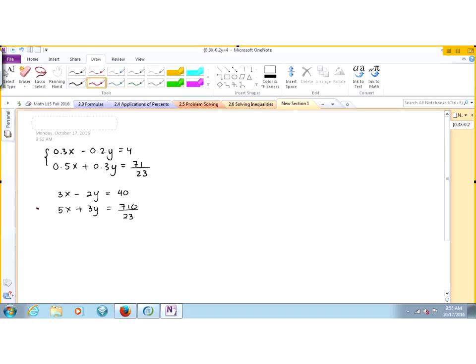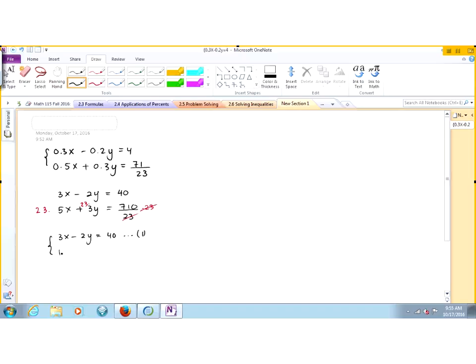You multiply by 23, right? So you clear this. So 23, 23, 23. So you have 3x minus 2y is equal to 40. This is your equation 1. And then 23 times 5. What is 23 times 5?